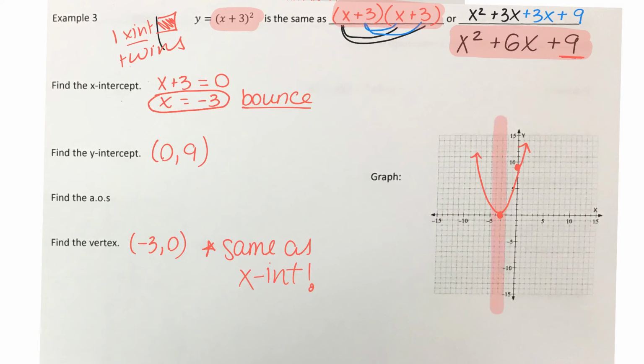Well, where is it being cut in half? -3, right? The axis of symmetry is always part of the vertex. So it's really convenient when you have this because your vertex, your axis of symmetry, and your x-intercept are all the exact same thing. So that's really nice. Okay, so that's what that looks like.